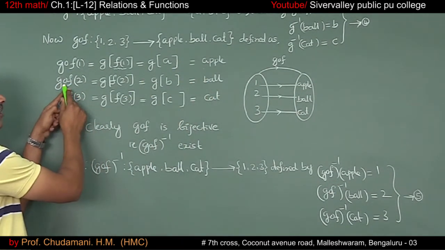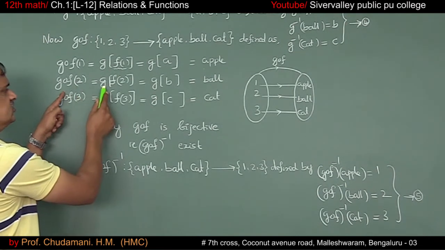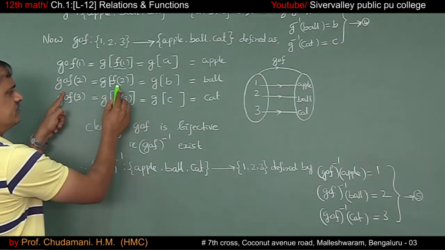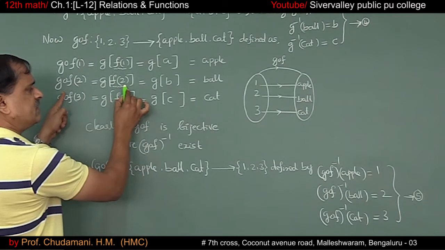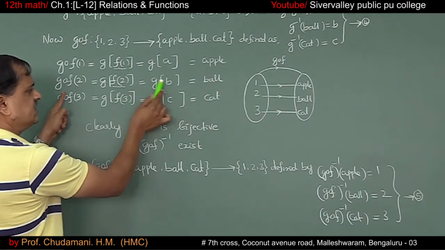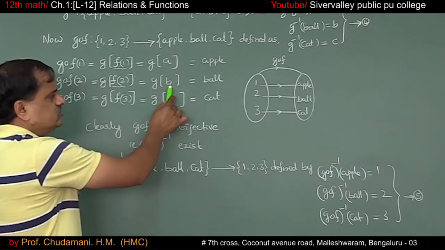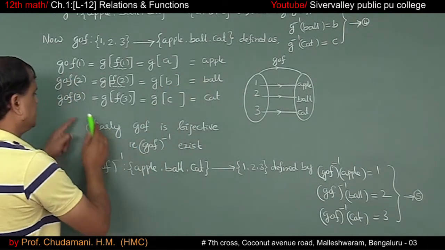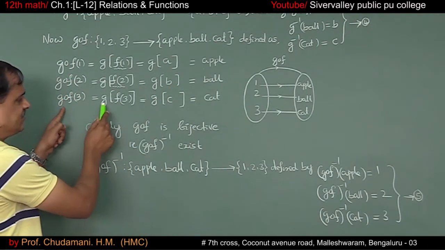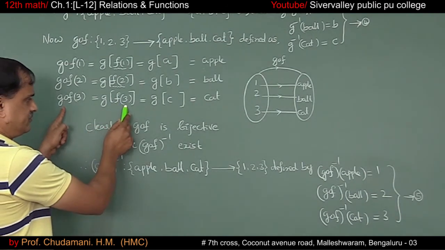Similarly, GOF of 2, G of F of 2. F of 2 from equation 1 is B. G of B from equation 3 is ball. Then GOF of 3 can be written as G of F of 3.